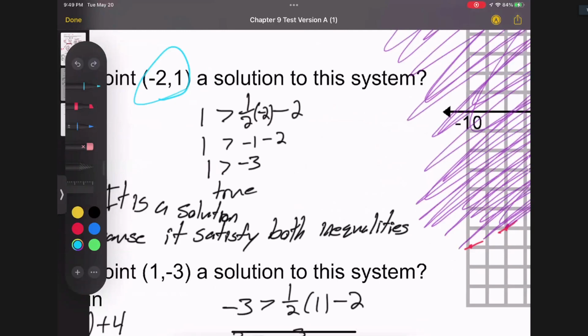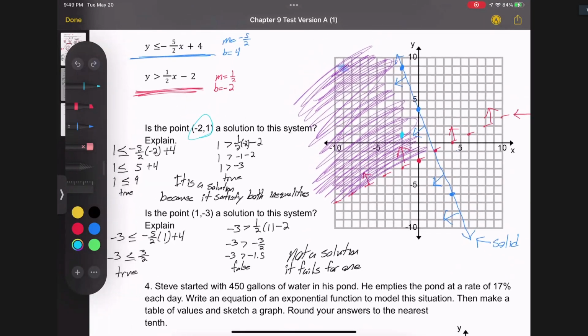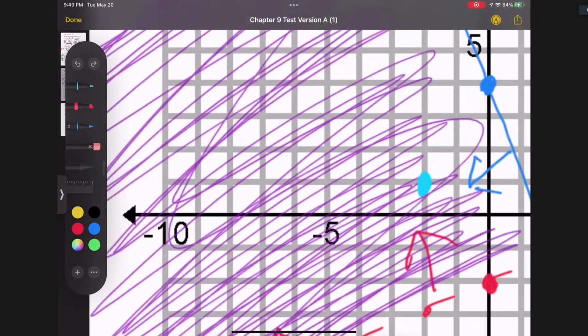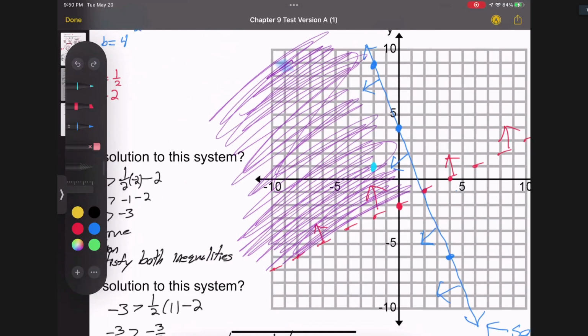That was the intention for this question, but a mistake happened. But I accepted either way. And on the retakes, I'm going to accept either answer because that's a valid argument, and I didn't go into too much detail about the specifications, so I'll accept either one. If you said that it is a solution because it is in the region, or the overlapped region, that is fine.